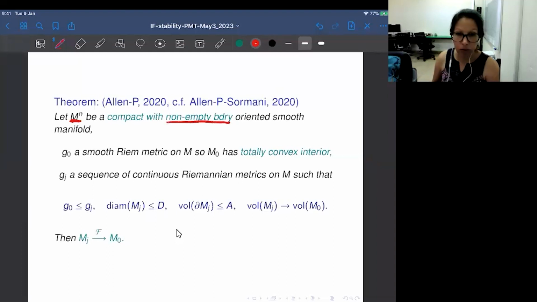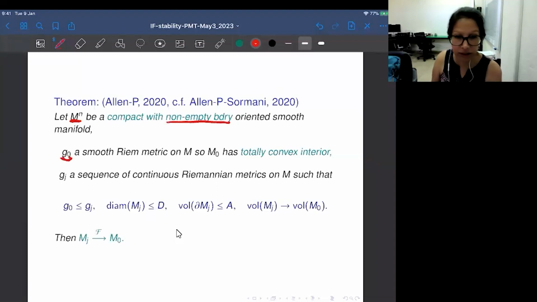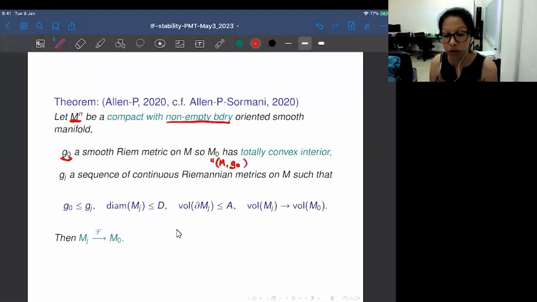And then we have a special Riemannian metric g0, and we want our manifold M with this Riemannian tensor g0 to have a totally convex interior.